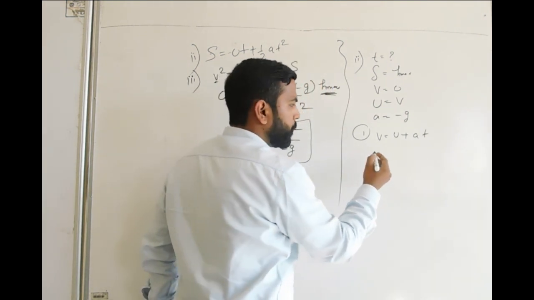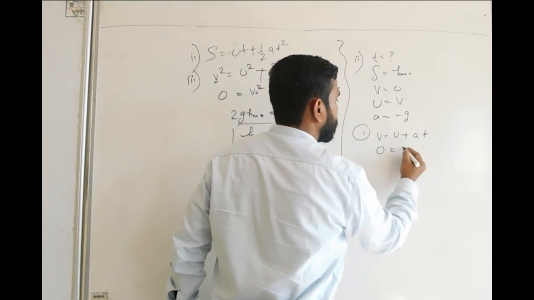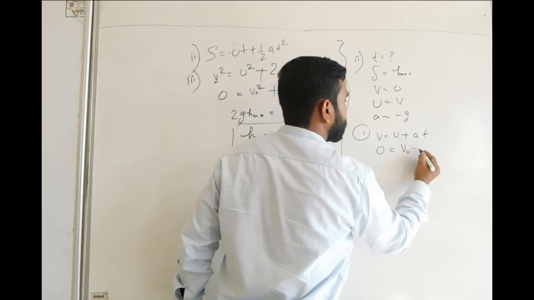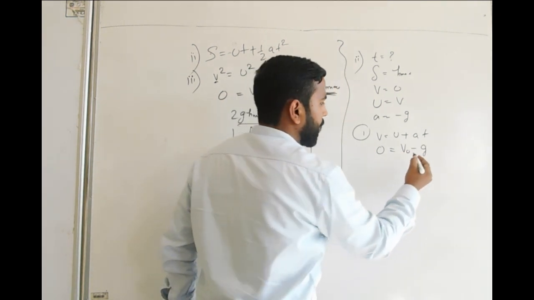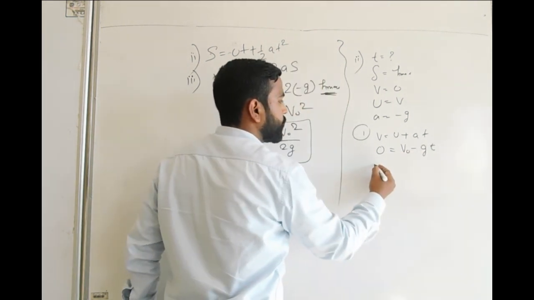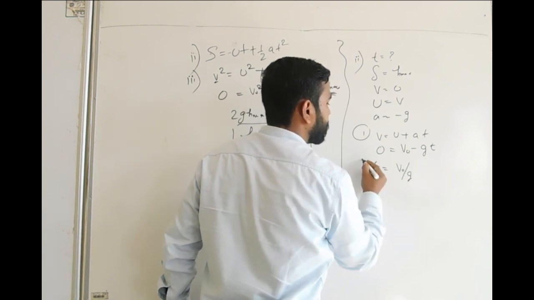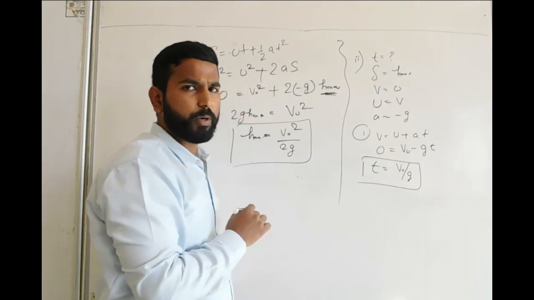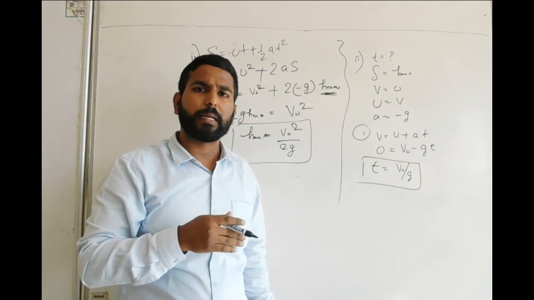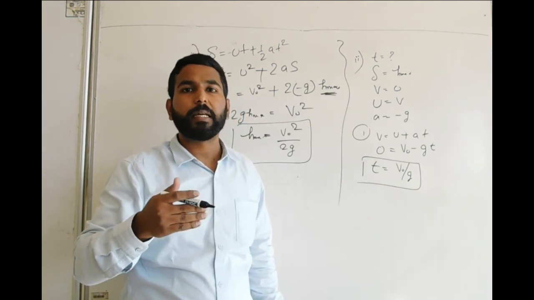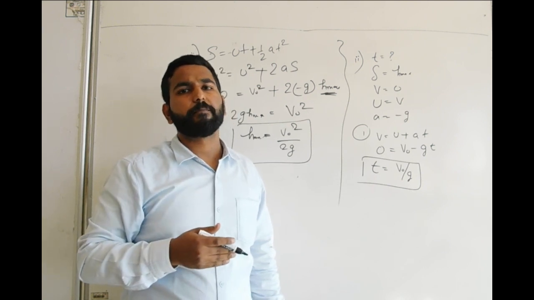Putting the values, v is equal to 0, initial velocity is v naught, acceleration due to gravity is minus g, and the time taken for the journey is t. So the t value is v naught divided by g. By simply putting the value of v naught, we can get the idea of how much time it will take before attaining its maximum height.